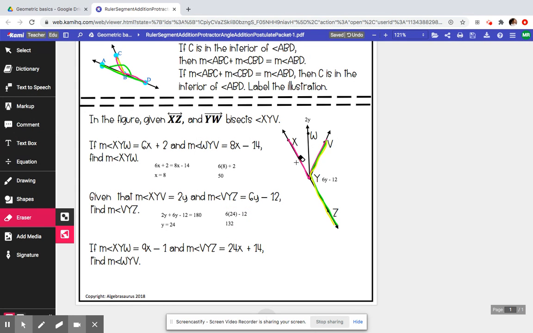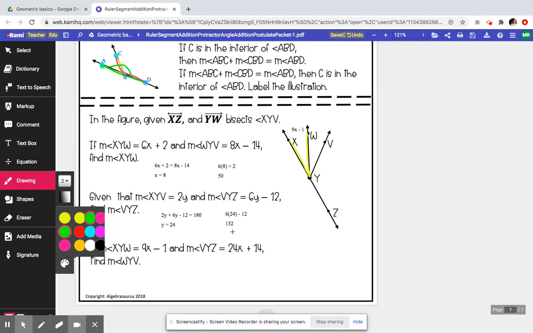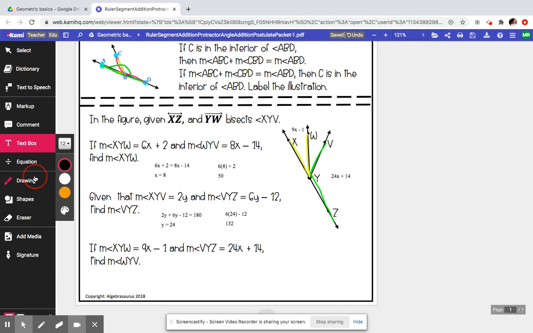All right, let's go ahead and do this last question, and then you can do your activity for the day. Looking at this last question, if the measure of angle XYW equals 9x minus 1, and the measure of angle VYZ equals 24x plus 14, can we find the measure of angle WYV?